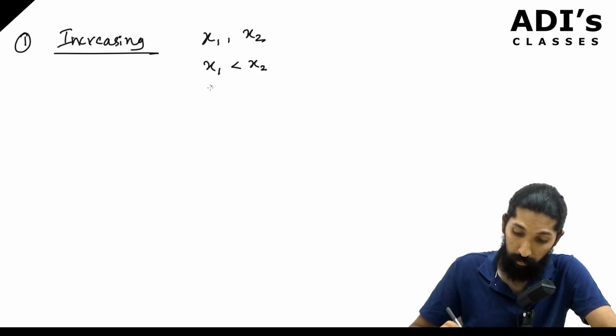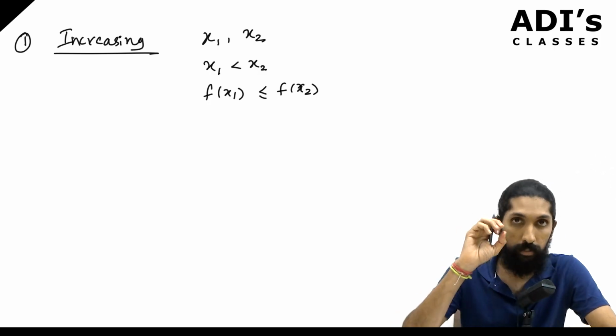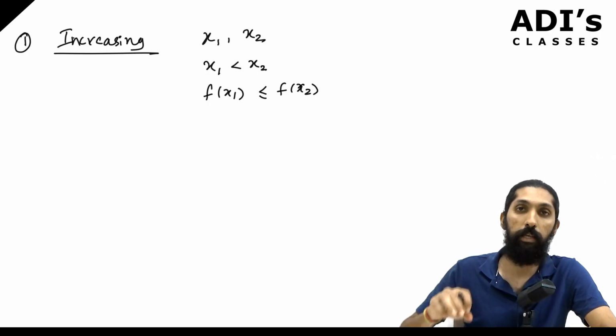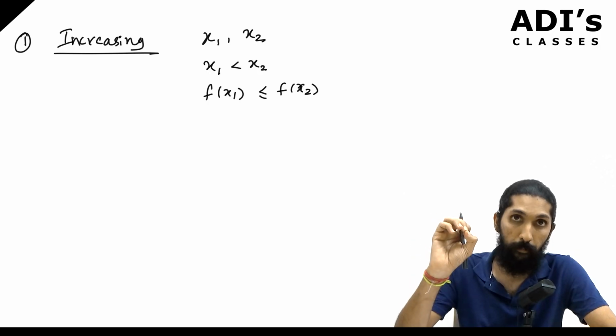If f of x1 is less than or equal to f of x2, let me repeat, f of x1 is less than or equal to f of x2, then we say that the function f of x is increasing.